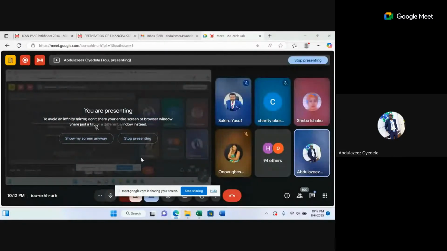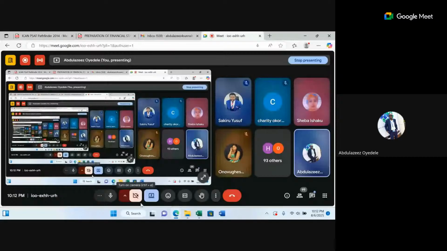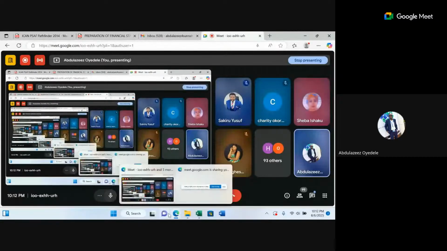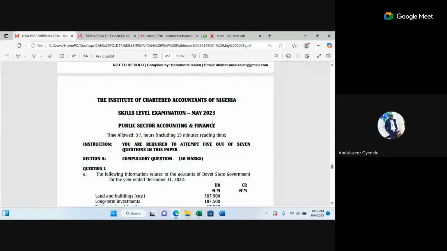If you have your Pathfinder with you, you can open to that. Okay. I believe everybody can see my screen, right?